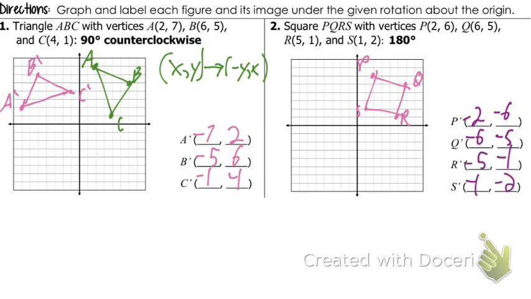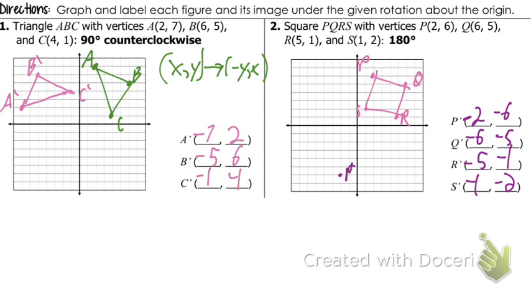Now we can also think to ourselves, before we start this problem, if I'm starting in the top right and I'm doing a 180 degree rotation, where should my picture end up? In the 3rd quadrant, in the bottom left. So let's double check that this is what happens. -2, -6 is P prime.